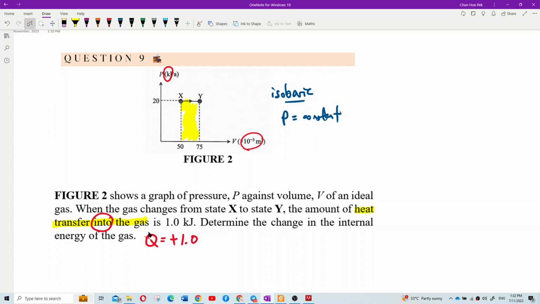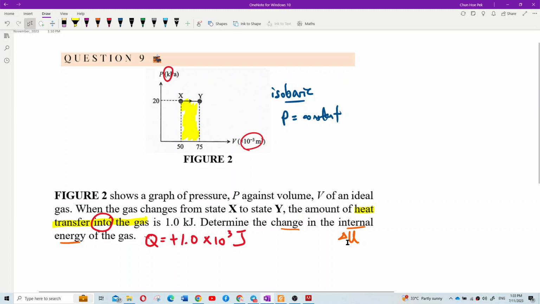1.0 kilojoule. Kilojoule, change to SI unit, class, exponent 3. Okay. Determine the change in internal energy. So the question asks for what? Change in internal energy, that means this is delta U. Now he asks for change, delta U, internal energy.